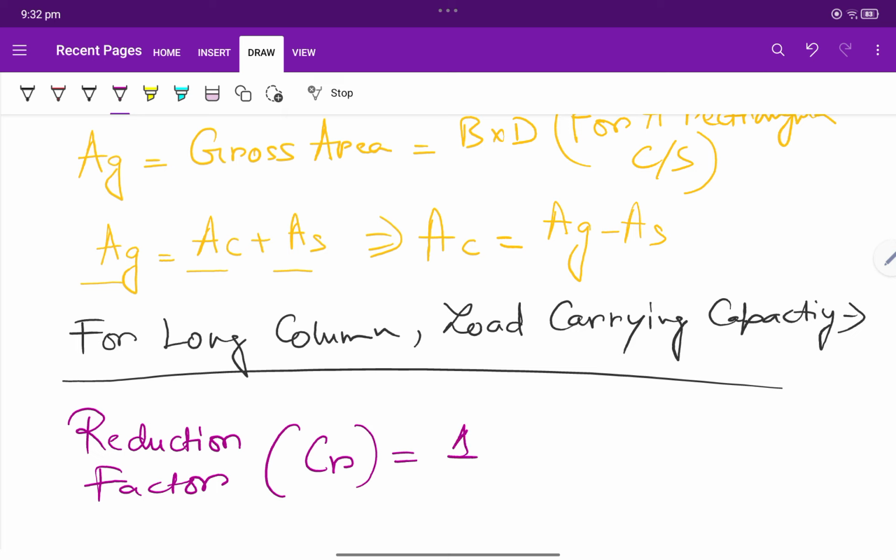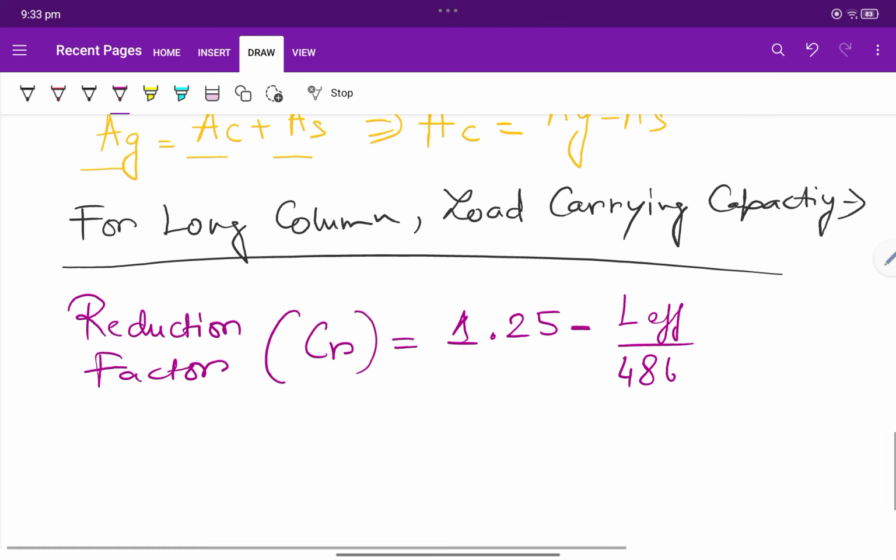The reduction factor is 1.25 minus L effective divided by 48B. So you just have to multiply this reduction factor with the formula.